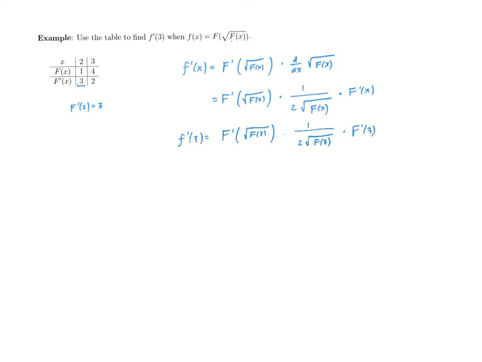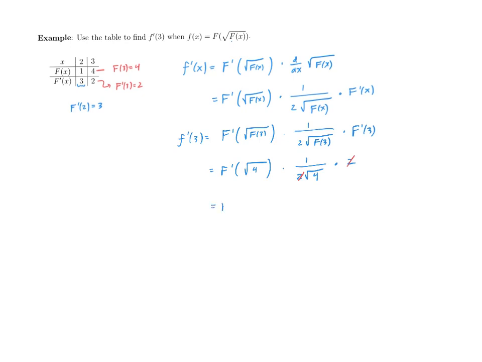And we should be able to find all of these values in the right column of our table. So note, in particular, this 4 is telling us f of 3 is 4, and the 2 is telling us that f prime of 3 is 2. So substituting in these values, we have F prime of the square root of 4 times 1 over 2 square roots of 4 times f prime of 3, which is 2.